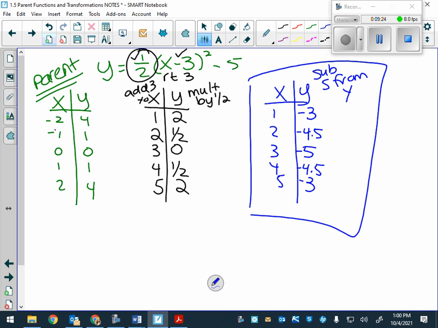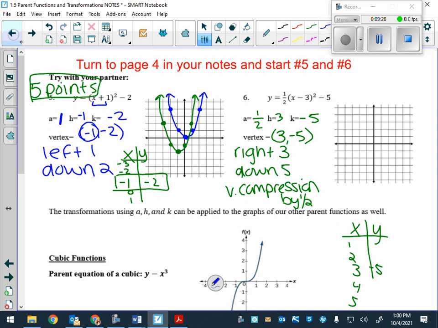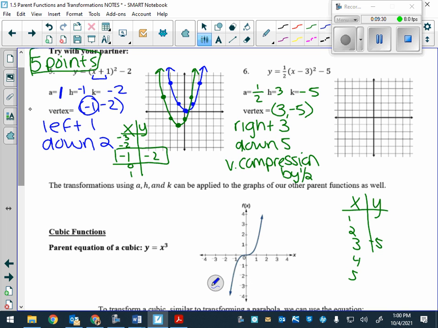So these are actually your new points that you would be graphing. So we have 3, -5. Okay, and that's your new graph.